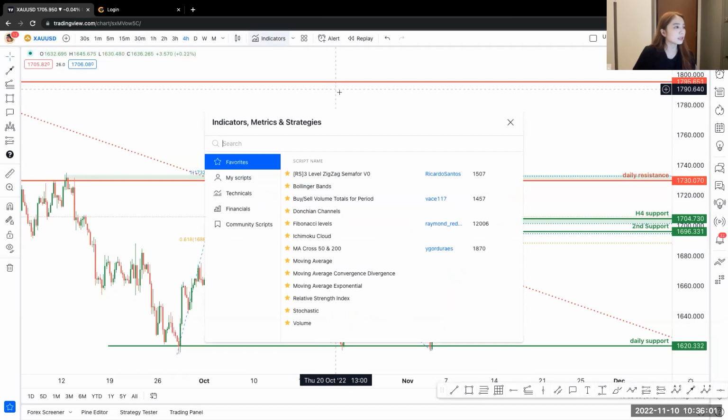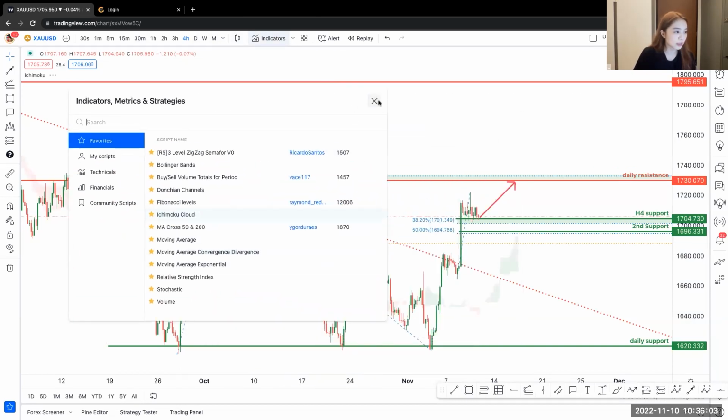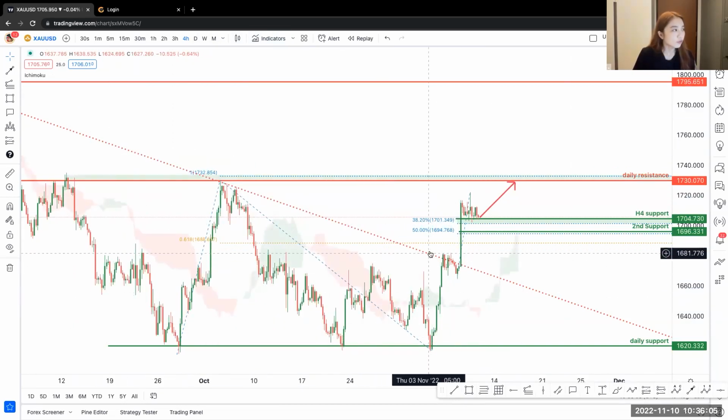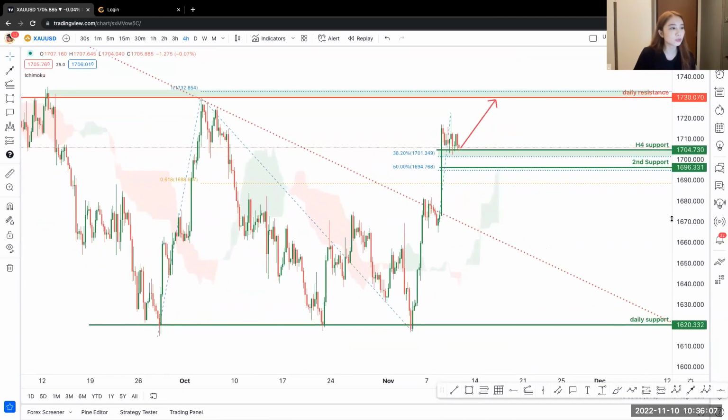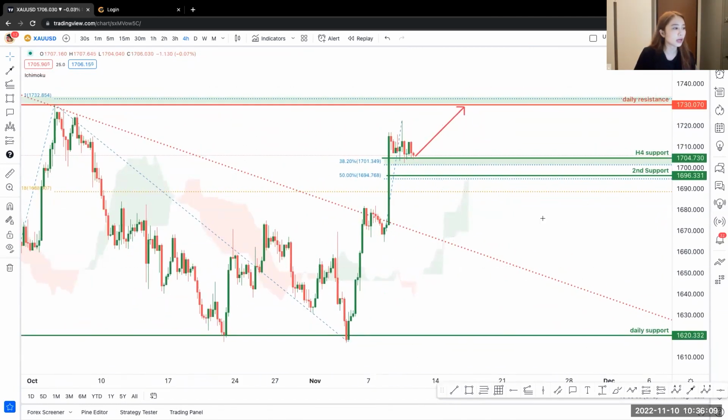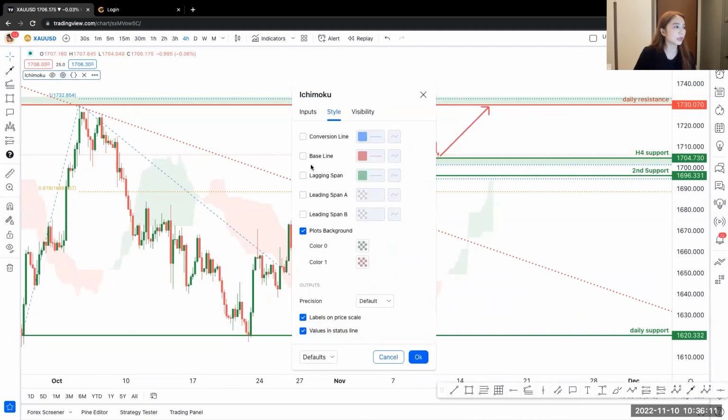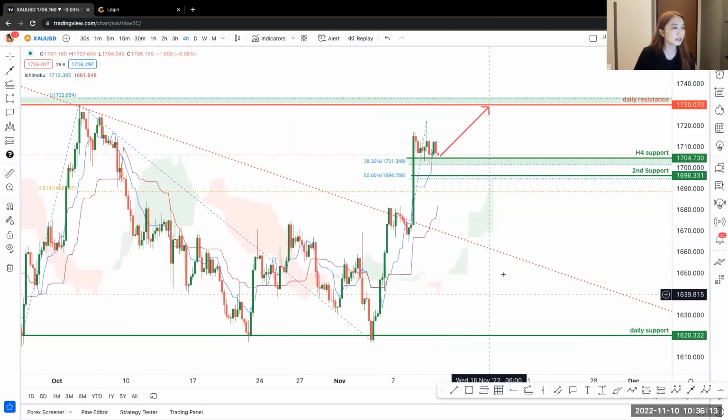All right, and then let's look at Ichimoku and see whether price has exceeded. For the H4, you can see that price is way above the Ichimoku cloud. And then let's bring in our base and conversion lines. You can see that the conversion line did cross above the baseline. So we can see that the cross has happened here.